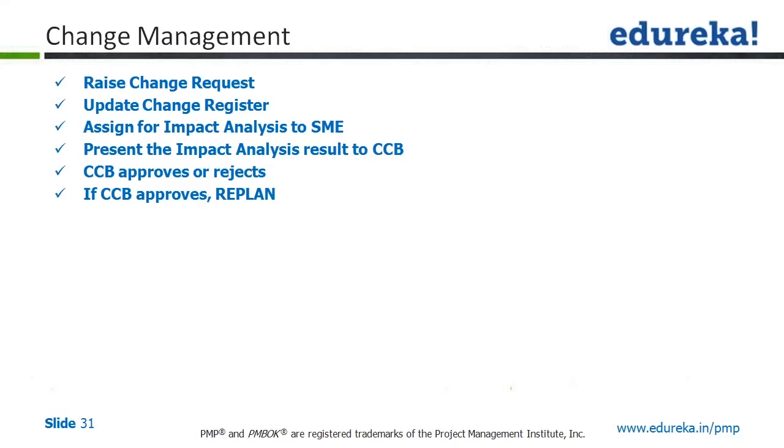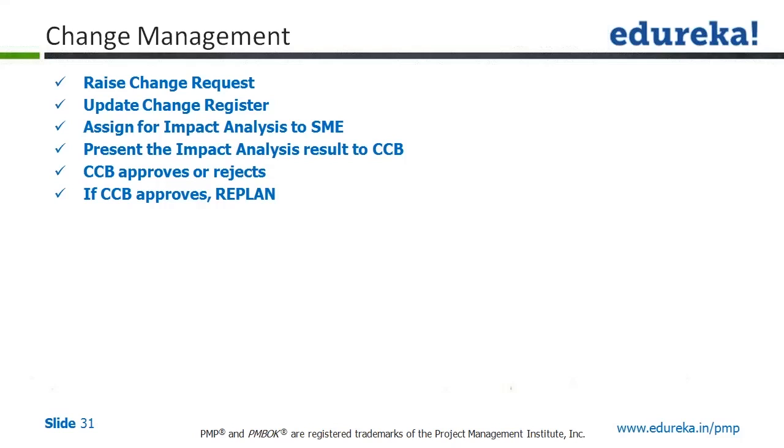So remember, sending a change request to a change control board does not always mean that you are going to get an approval. There can be some shortcoming in the impact analysis which we have done, and the change control board realizes it, or maybe they have a perception based on the analysis we have done. They feel that this change is not really needed and the team can still manage to deliver without this change. So the final decision of approval or rejection lies with the change control board very clearly.